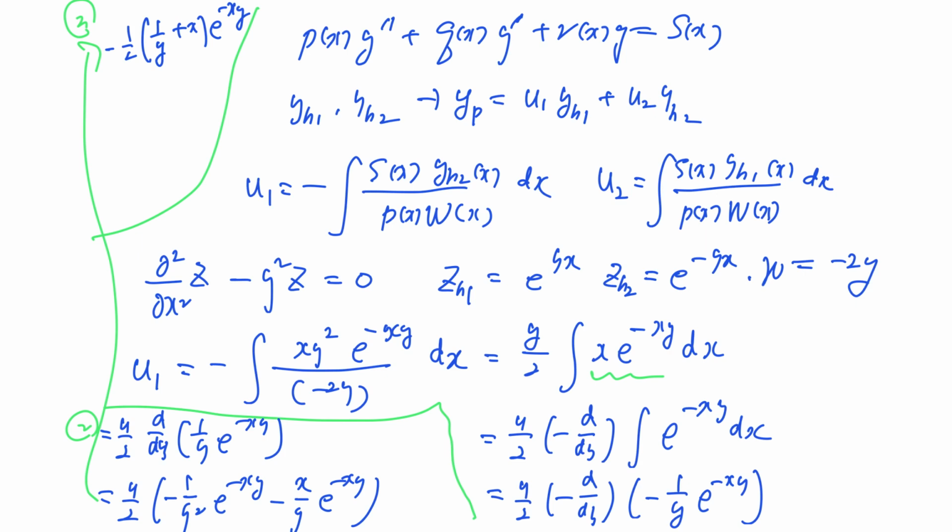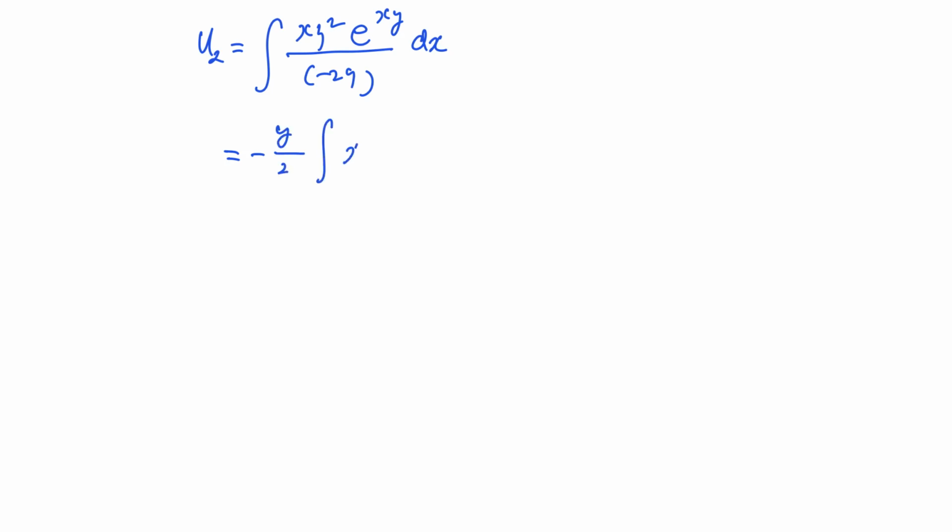How about u2? u2 is the Wronskian, minus 2y, times x squared y squared exponential xy dx, which is minus 2 over y, x exponential xy dx.